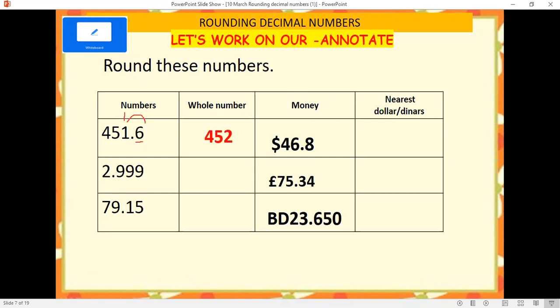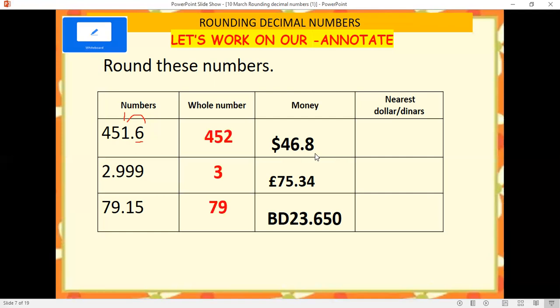Okay, now, please check your answer. So 2.999, it will be 3, correct? Because this is 5 or more, so the 2 will become 3. How about 79.15? It will be only 79. The next one is $46.8.